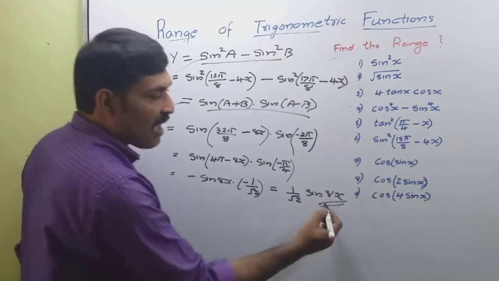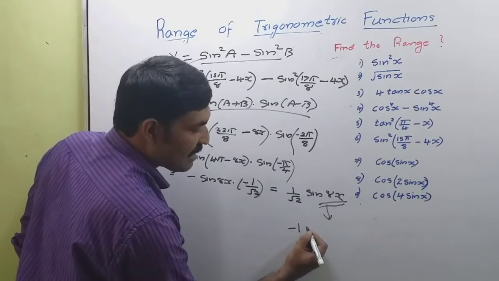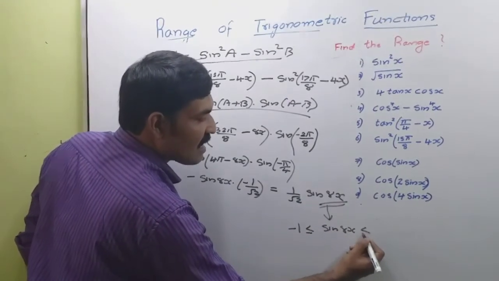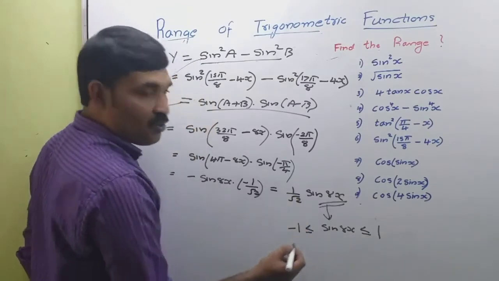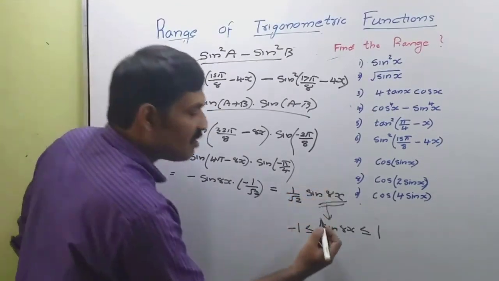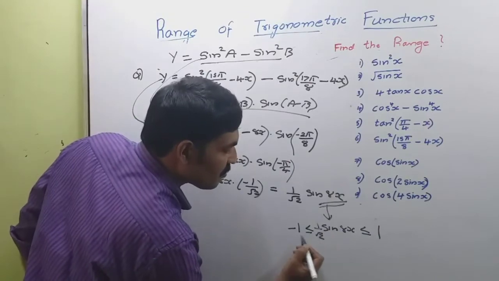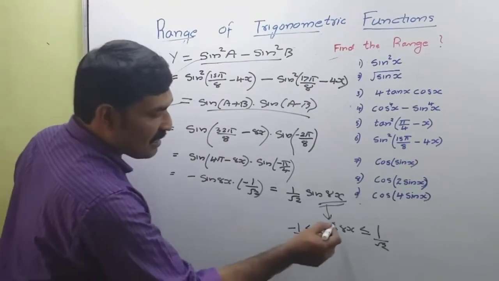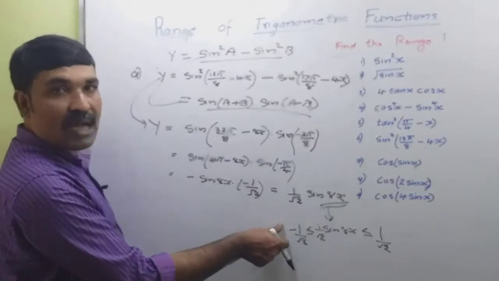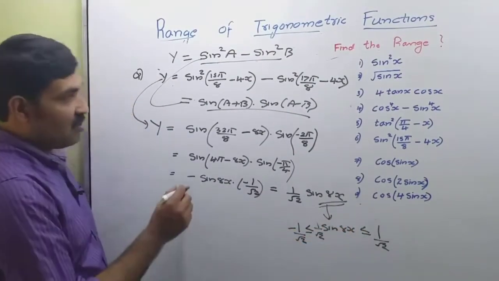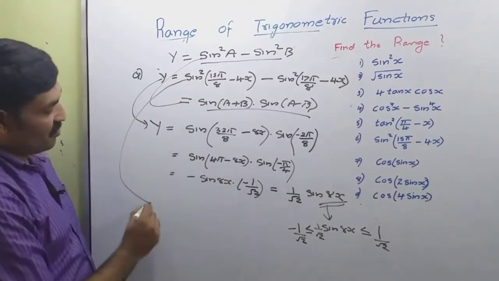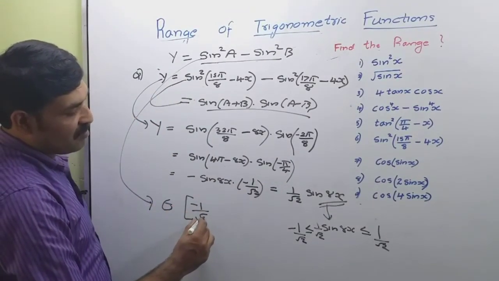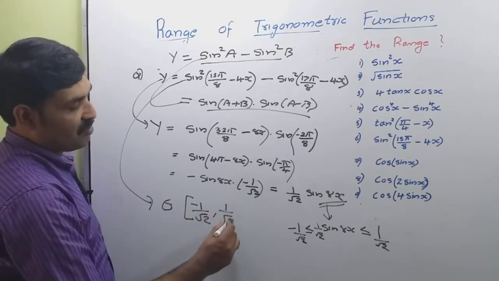And we know that −1 ≤ sin 8x ≤ 1. So multiplying by 1/√2 on all sides, the range of this function belongs to the closed interval [−1/√2, 1/√2].